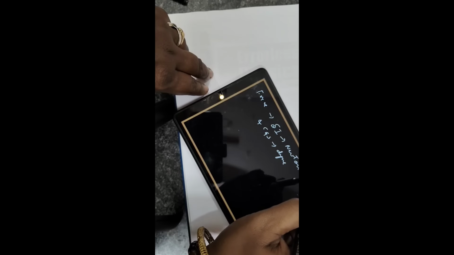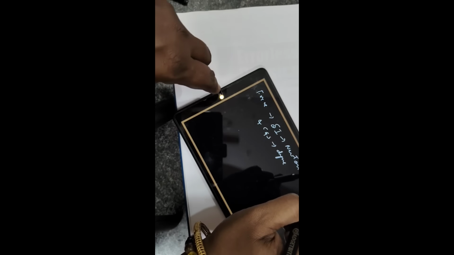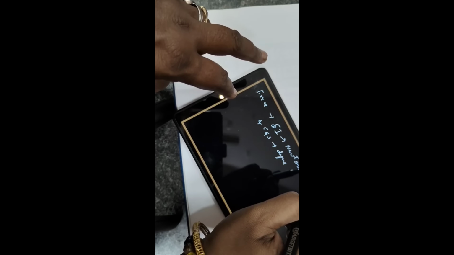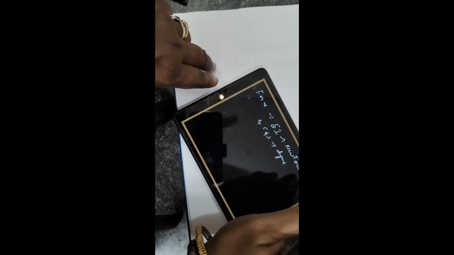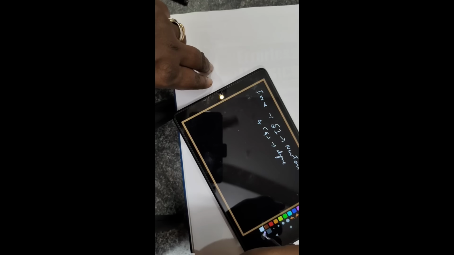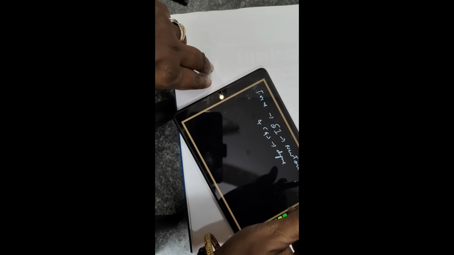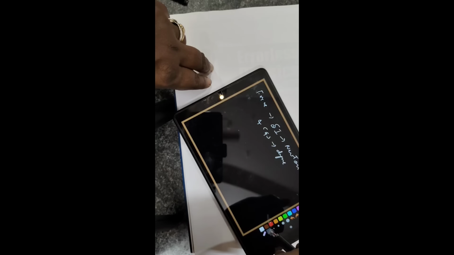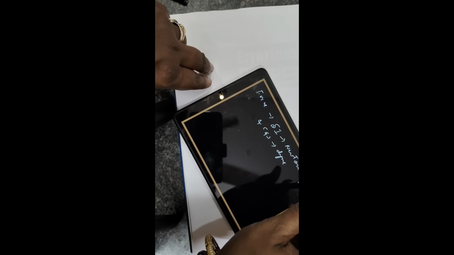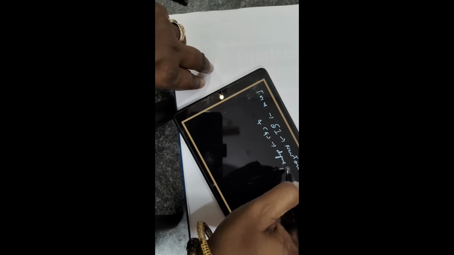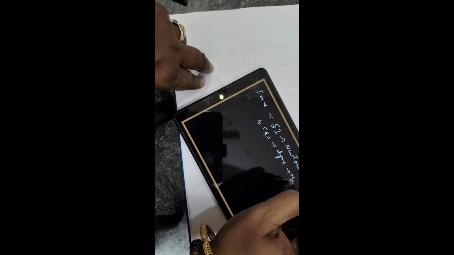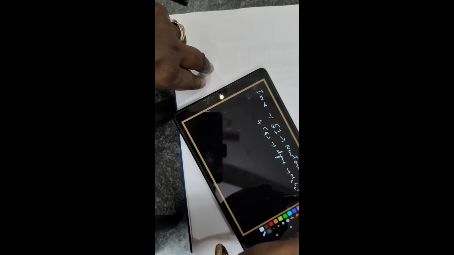So we'll take the dimensions here as M1, L1, T1 for Newton, and for dyne we will take it as M2, L2, T2.